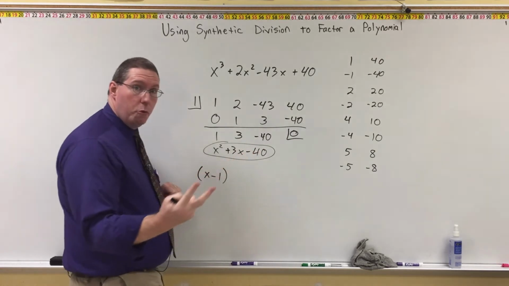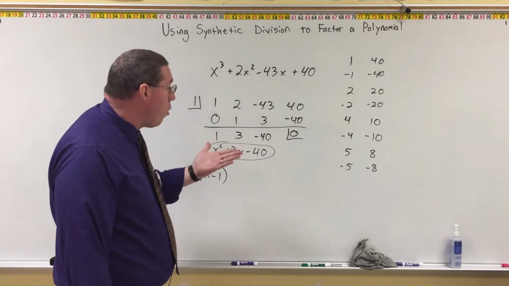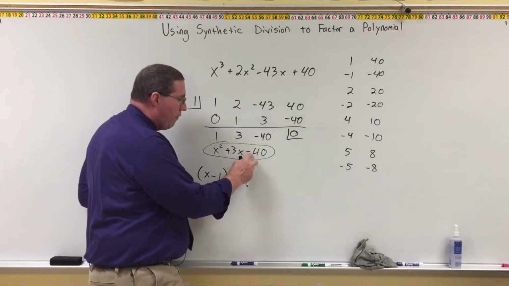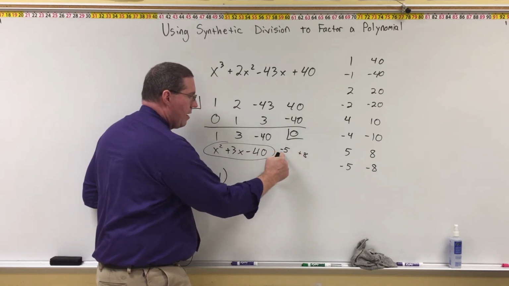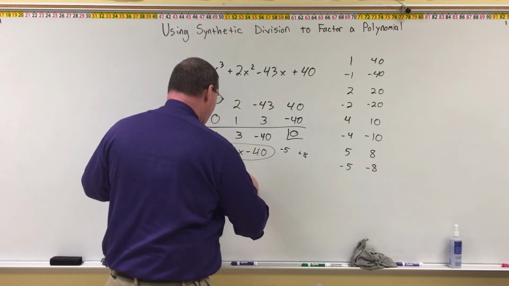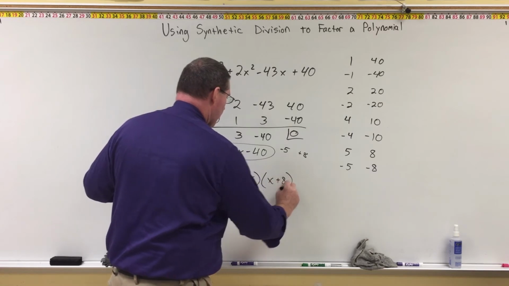Now I can do that in 2 ways. I can use synthetic division to factor this, or I can do what I already know. I know that negative 40 factors into negative 5 and positive 8, and that negative 5 plus 8 is positive 3. So I automatically know that my other 2 factors are x minus 5 and x plus 8.